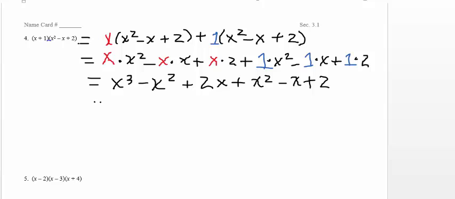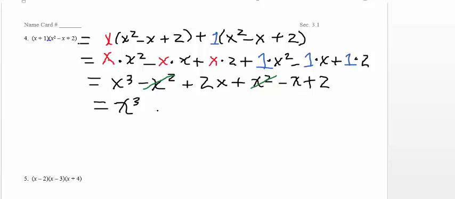So we want to combine like terms. There's only one x cubed term, so I recopy that. But I have minus x squared plus x squared. So those are going to add to 0, and I'm going to show that by drawing a slash through those.